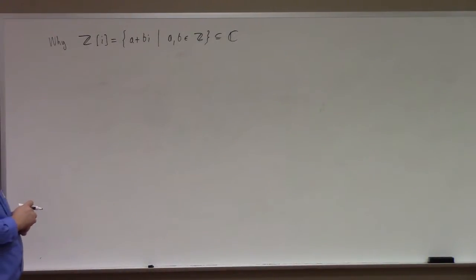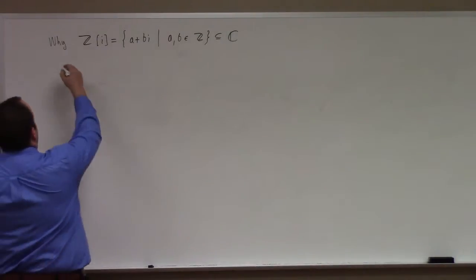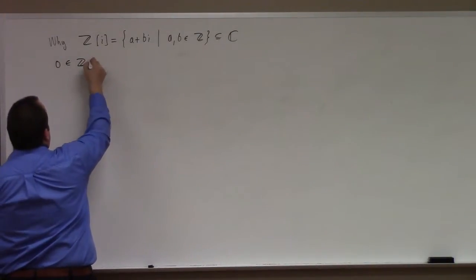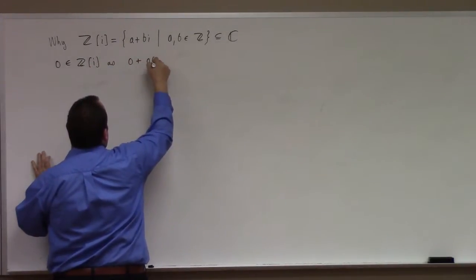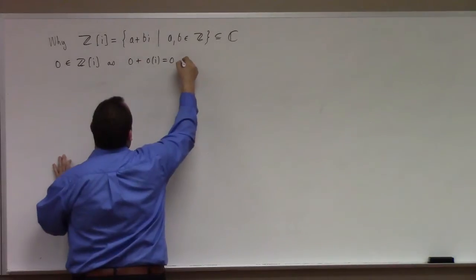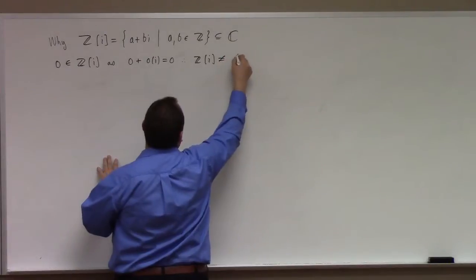Since it's a subset of the complex numbers, and the operations in the Gaussian integers are just that of ordinary addition and multiplication of complex numbers, we already know that the complex numbers form a ring. So I can use the subring test, right? So notice that 0 is an element of Zi, as 0 plus 0 times i is just equal to 0. Dumb comment, but here it is: Zi is not equal to the empty set.